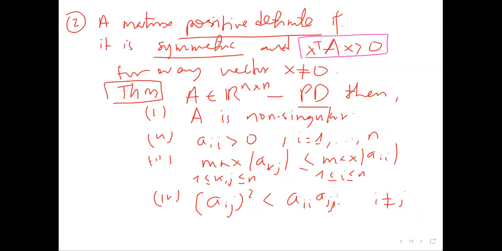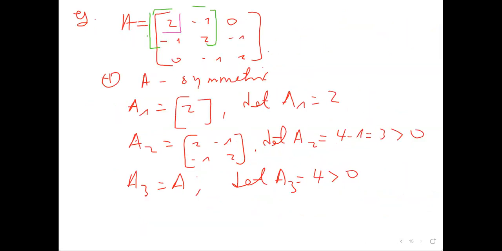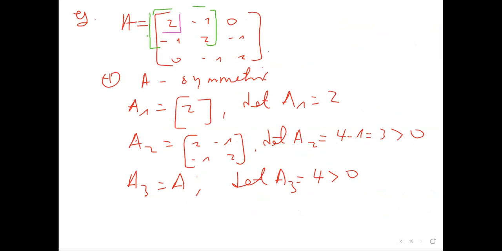So in that sense, if you also have a symmetric matrix which is positive definite, and the leading principal submatrices have a positive determinant, then the same principle applies: a symmetric matrix is positive definite if and only if Gaussian elimination without row exchange can be performed. Right, so this is a very quick theorem that I'm saying.